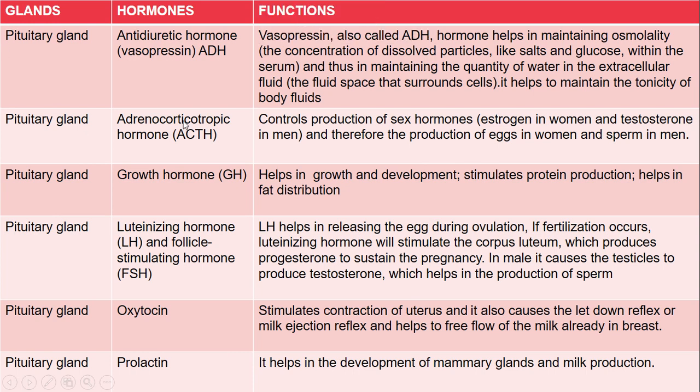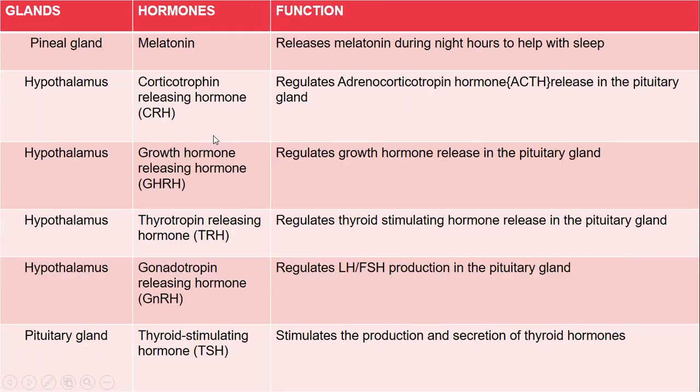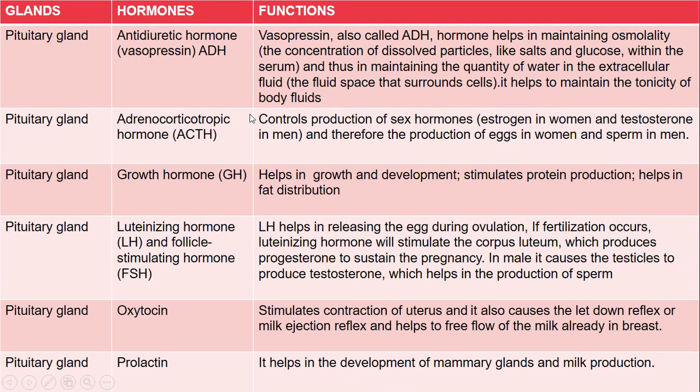So next is the adrenocorticotrophin hormone. As you see, the corticotrophin releasing hormone regulates the adrenocorticotrophin hormone released in the pituitary gland. The pituitary gland is producing ACTH. It controls the production of the sex hormones, that is the estrogen in women and testosterone in men, and therefore the production of eggs in women and sperm in men.